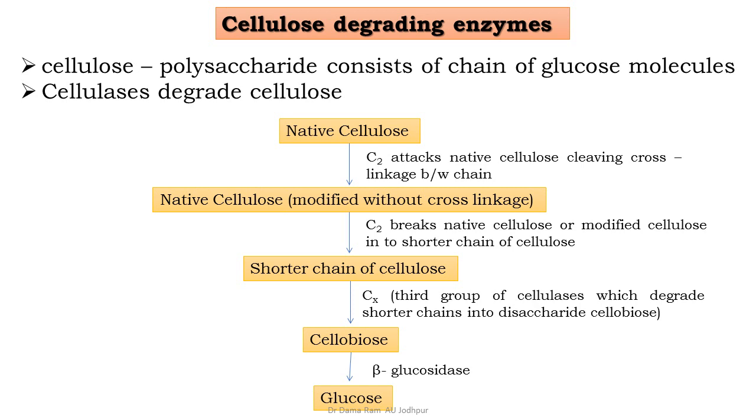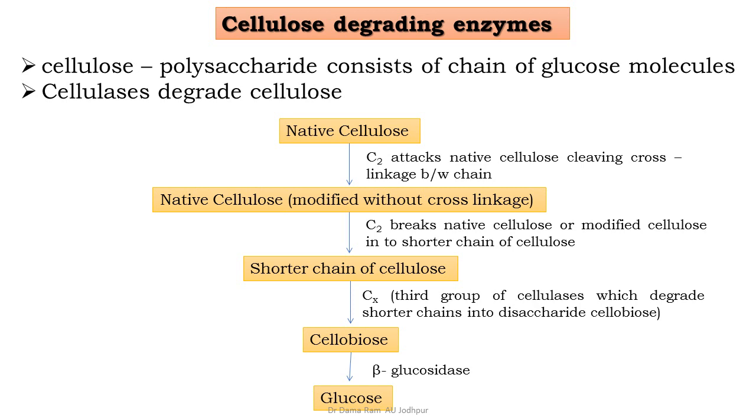Now come to the next important enzyme that degrades cellulose. As you all know, plant cells are protected by a cellulosic cell wall, and the cellulose content of a tissue varies from about 12% to 90%. It is about 12% in the non-woody tissues of grasses, about 50% in mature woody plants, and more than 90% in cotton fiber.